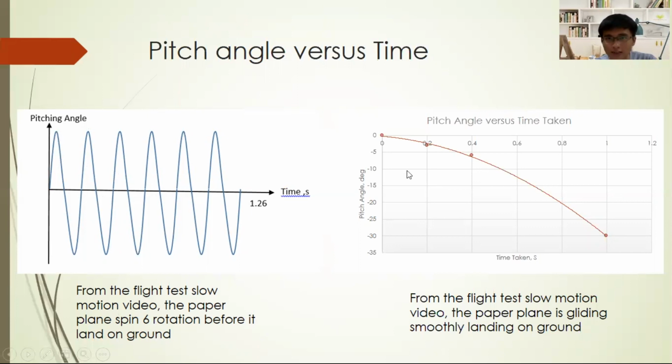From the right hand side, the pitching angle is negative along the flight. From the slow motion video, the paper plane is gliding smoothly, landing on the ground. Negative means my paper plane is pitched downward.